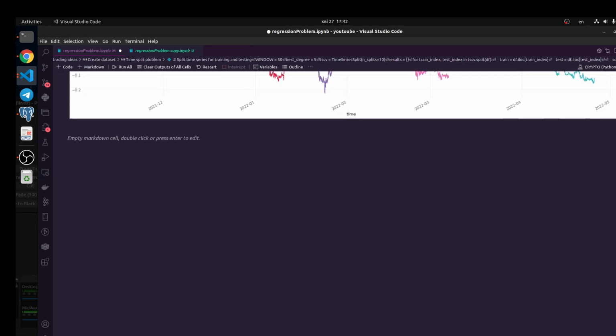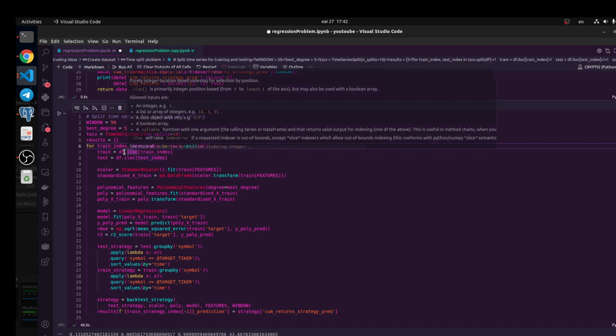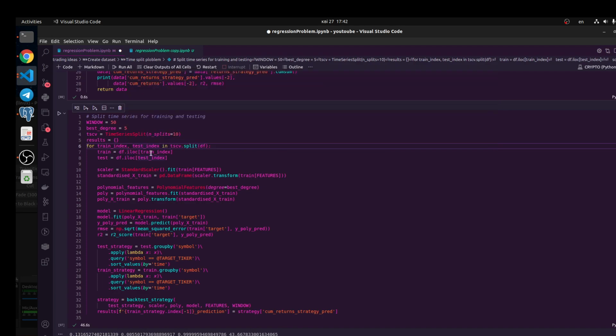Okay, and next we're going to create these indexes, and we take the pandas data frame and indicate iloc. It means we're going to use the train index from this split object, and we create indexes for train and test. Next we do some scaling of data, and we use some features.